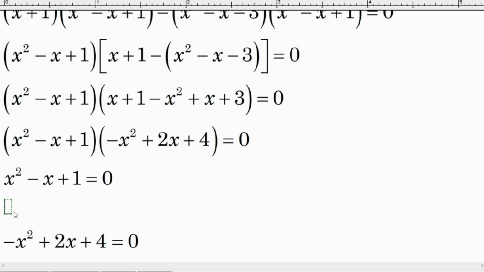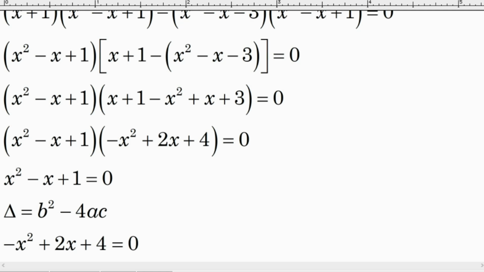So delta is equal to b squared minus 4ac.